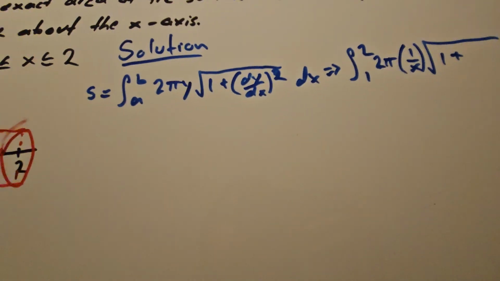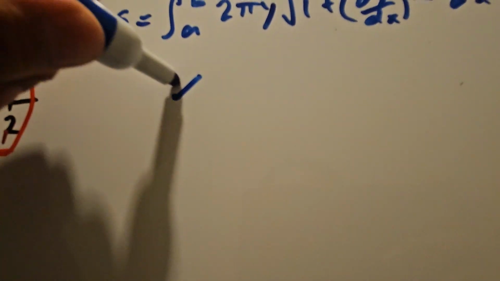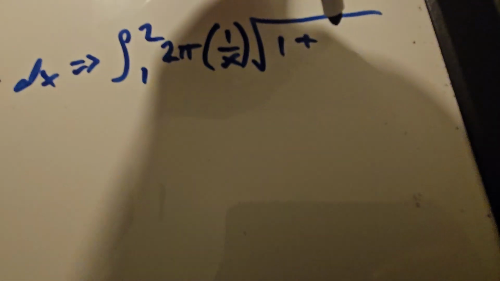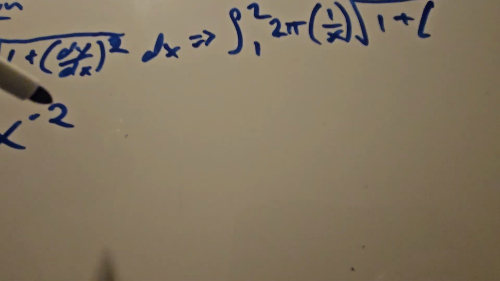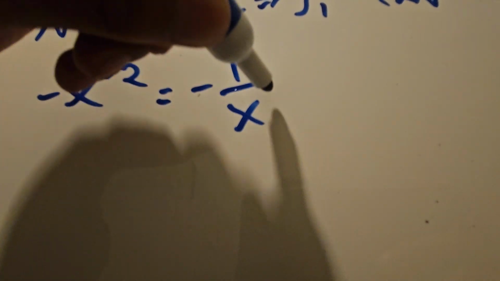Now we have to find the derivative of 1 over x. The derivative of x to the negative 1 is, subtract 1, x to the negative 2, so that's negative 1 over x squared.